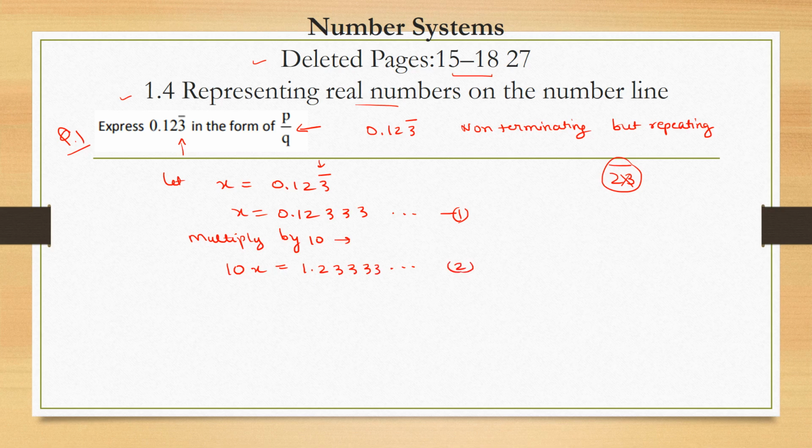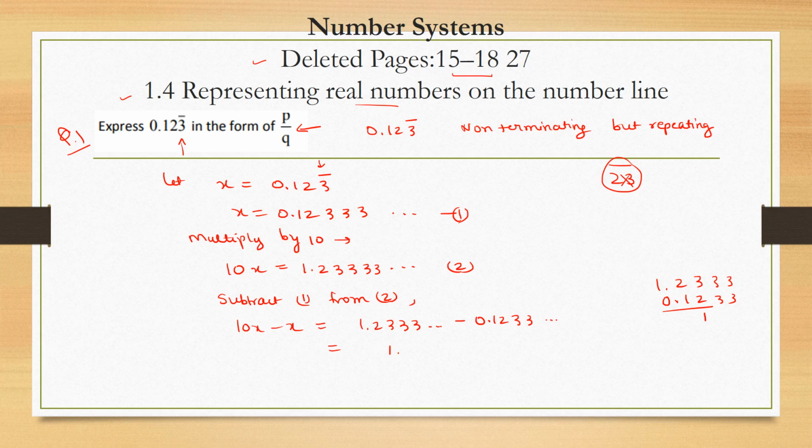Now always you have to subtract first from second, okay? When you do so, 10x minus x will become 1.2333 minus 0.1233. You can compare here, only these three terms we have to consider, otherwise the rest everything is 3.